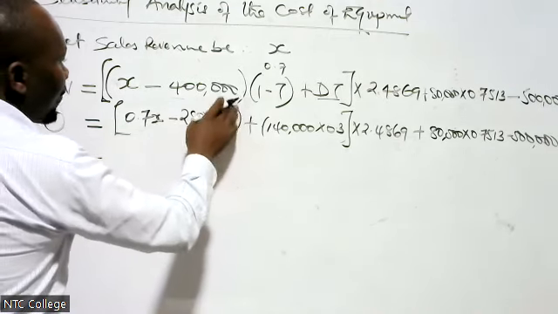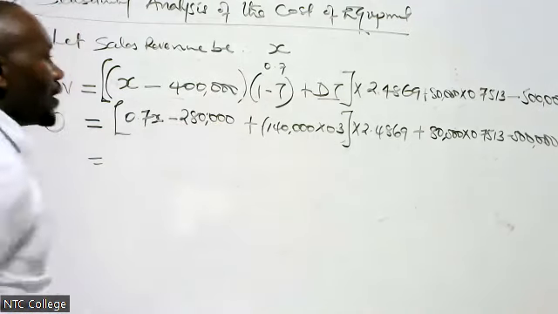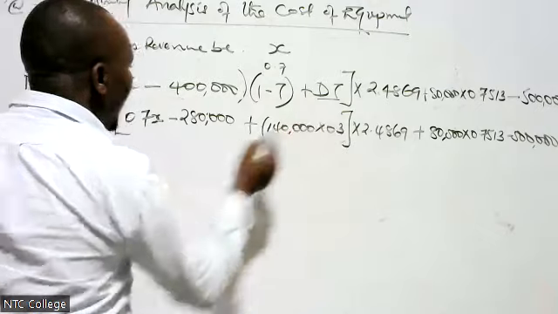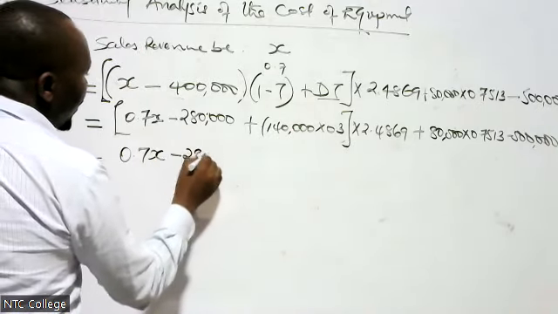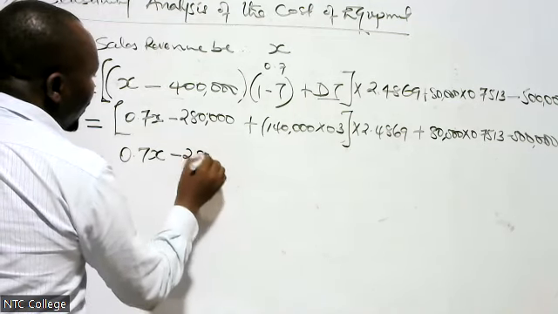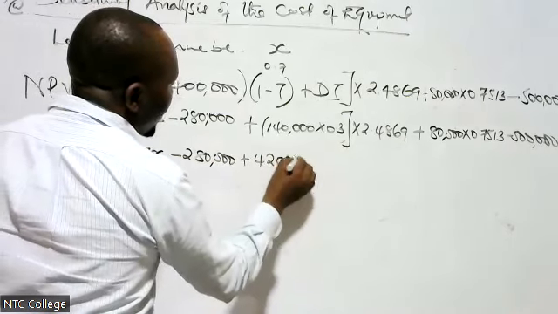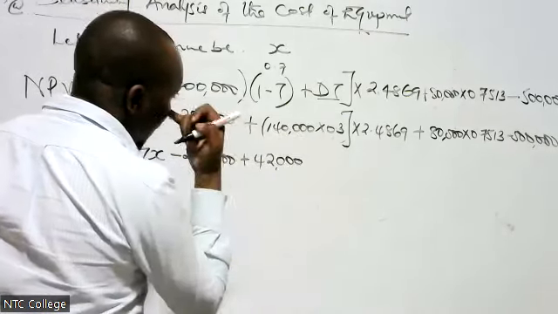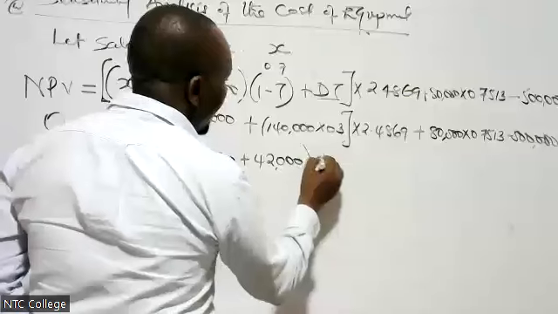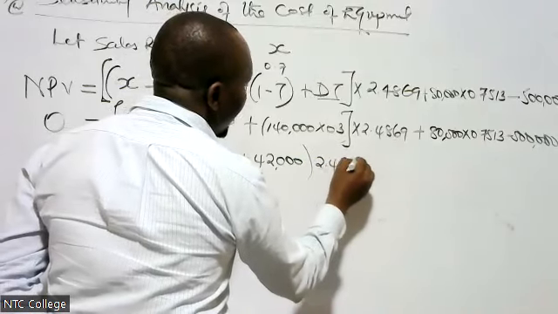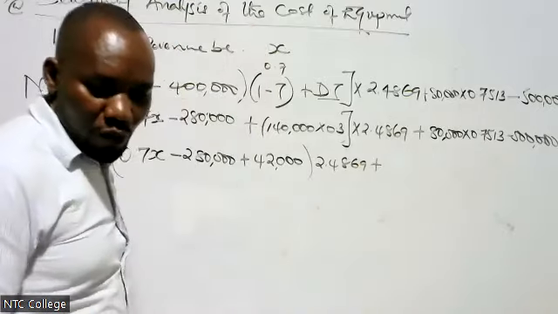We have actually multiplied this, so there is no box again. So we just add all this. Now this is supposed to be multiplied. So we are having 0.7X minus 280 plus 42. This one was 42,000 here. Right? Yes. So all this we are supposed now to multiply with 2.4869. Plus now, when you calculate those two, what were we getting?